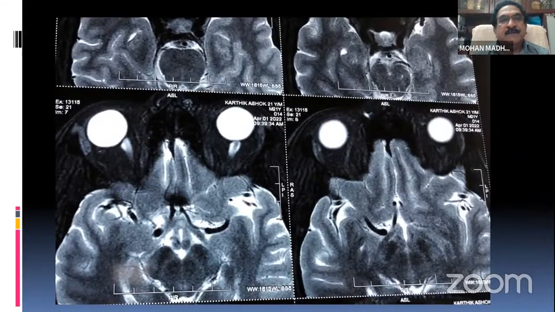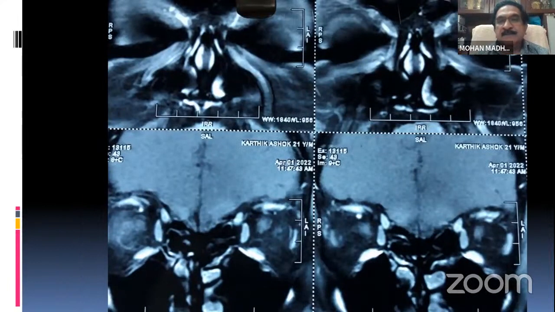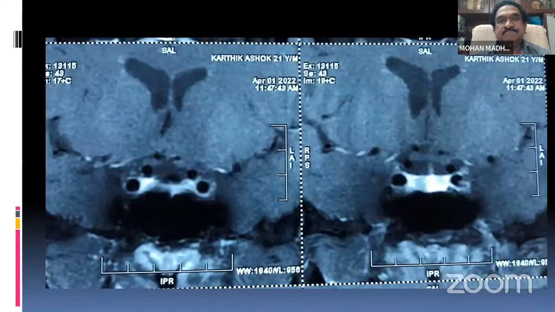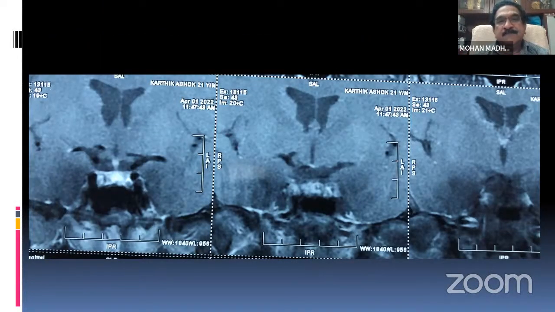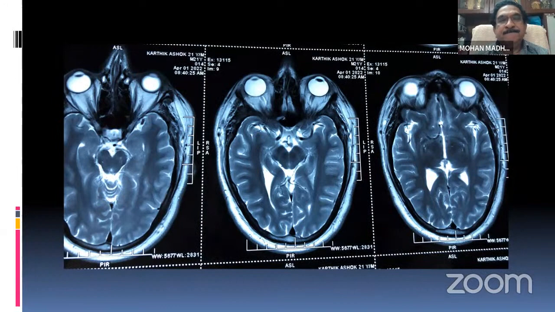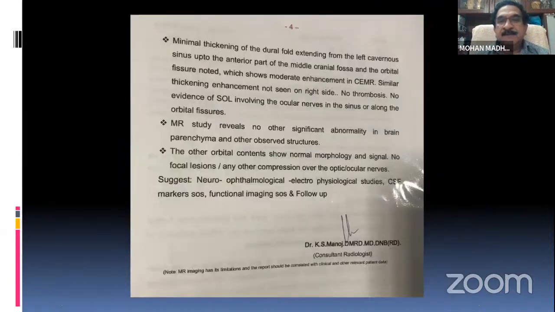It was all normal. This is the orbital cut to find out muscle involvement. Parasellar region normal. I said nothing abnormal, and it was reported by a very good radiologist.